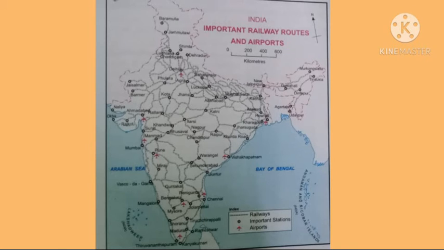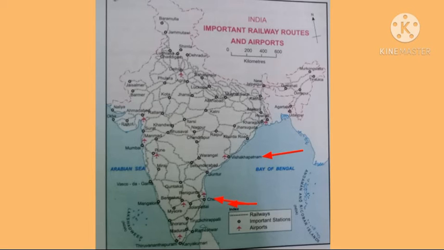Second one, name any two airports from the eastern coast. So from the eastern coast, which airports are located? If you observe the map, we can see two airports located in the coastal areas in the eastern part, that is Chennai and Visakhapatnam.